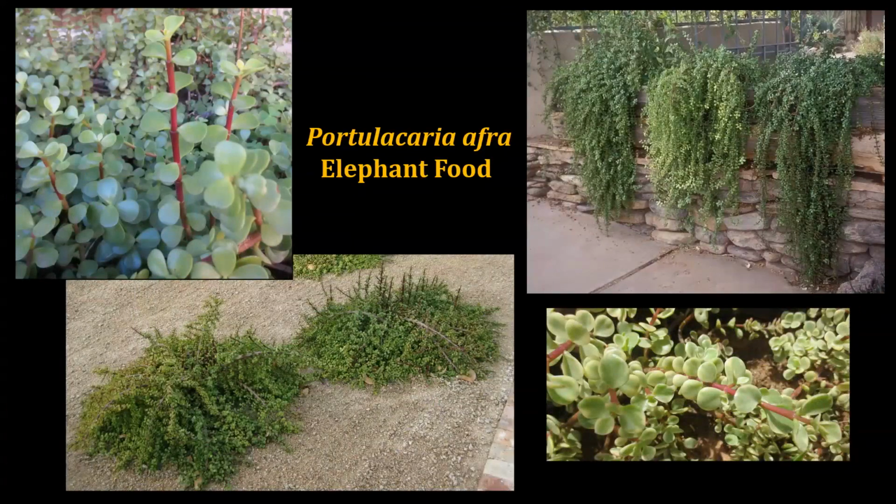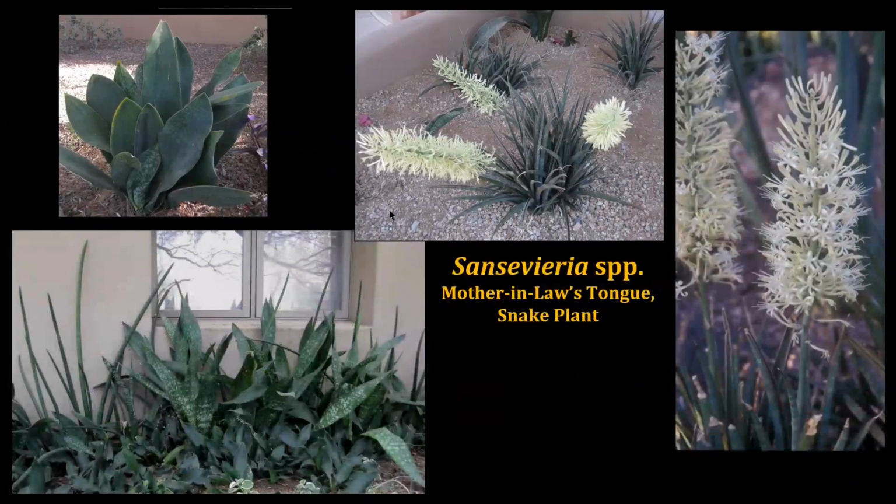And there are also variegated leaf forms of this elephant food that do need some shade during the summer. But we can use these in so many great ways. Ground cover, cascading out of a retaining wall or a big pot in our landscape. So for shade, the sansevierias, the snake plant, or some people call them mother-in-law's tongue.